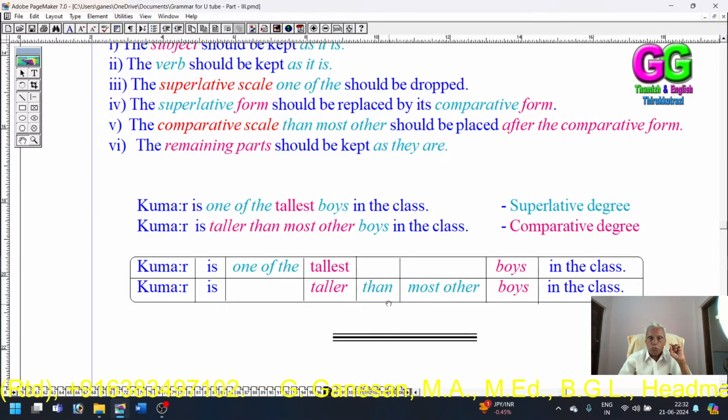Fourthly, the comparative scale than is used, and most of the should be used after that. Then the remaining part of the superlative complements should be kept as it is. Kumar is one of the tallest boys in the class, superlative. Kumar is taller than most of the boys in the class.